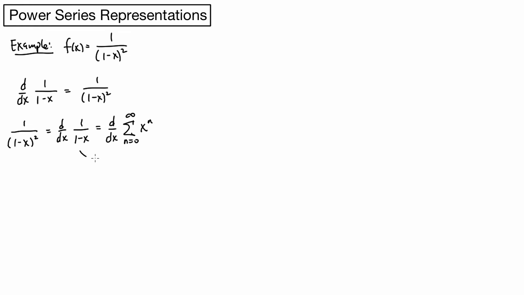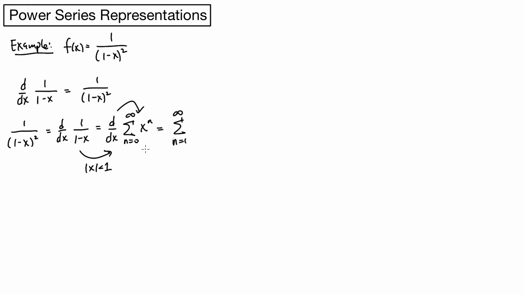And I know that the radius of convergence going from here to here has to be when the absolute value of x is less than 1. In other words, that representation is only good for values of x between -1 and 1. I know by the properties of termwise differentiation, I can bring the derivative inside the sum. But when I do, I lose the first term of my series because it's a constant.